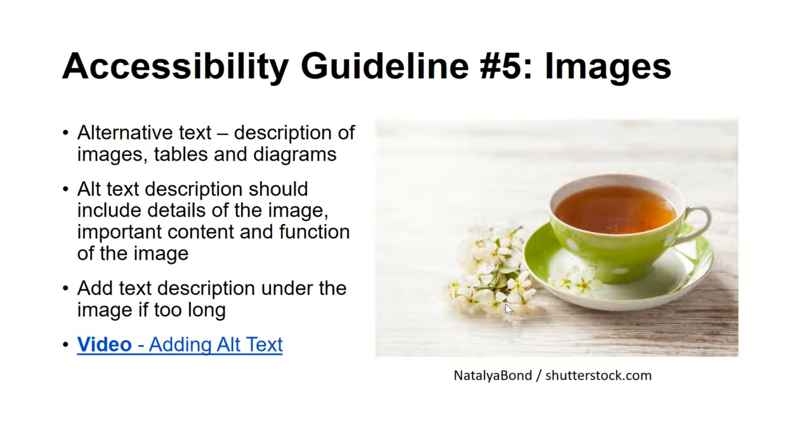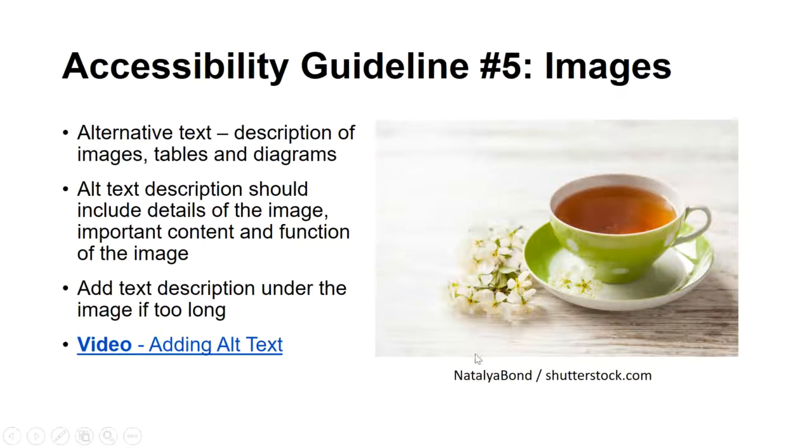However, if I'm teaching a course in historical China, then it might be important for me to say cup of tea in an 18th century China cup, something like that. So the context of how I describe it is very important. Now we do want to avoid saying image of or picture of, because a screen reader automatically will say that when it hits this item.